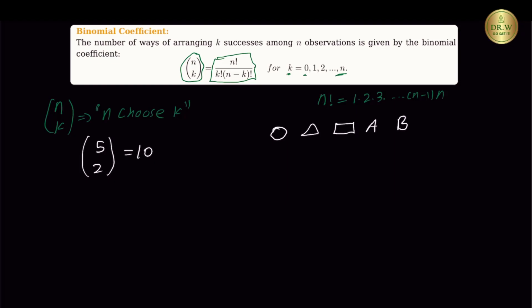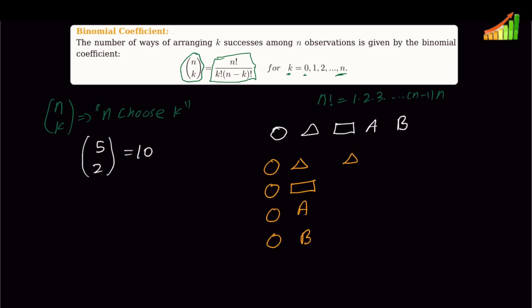You need to pick 2 out of 5. So how many possible ways can you pick 2 out of 5? So you can pick first circle and triangle, then second one circle and rectangle, then circle and A, circle and B.